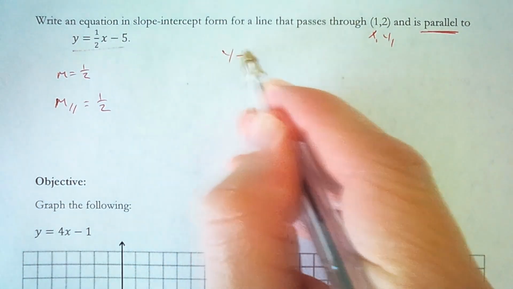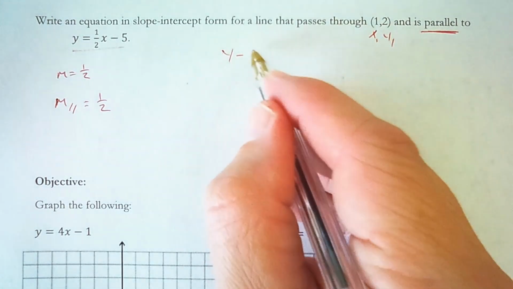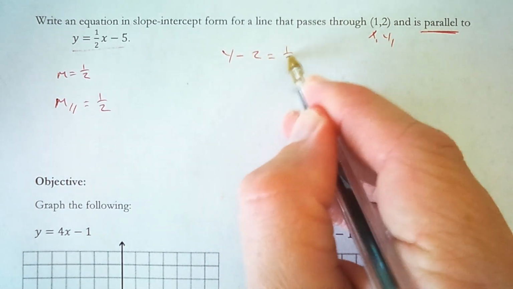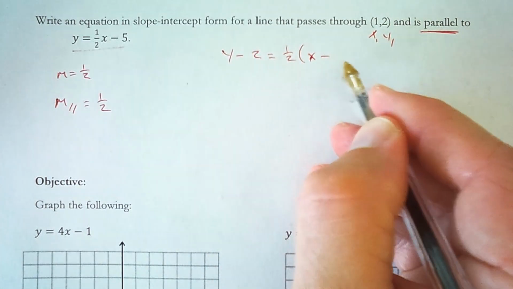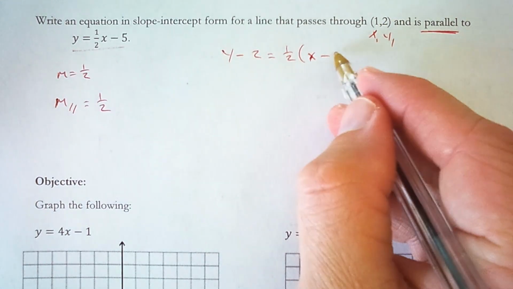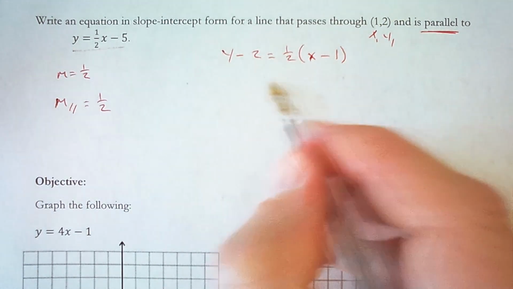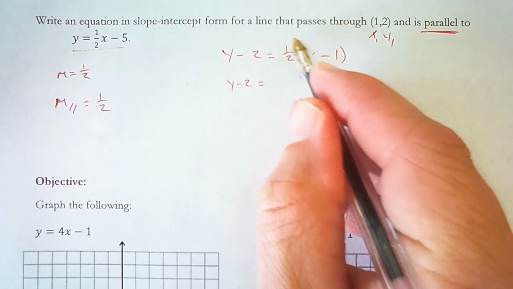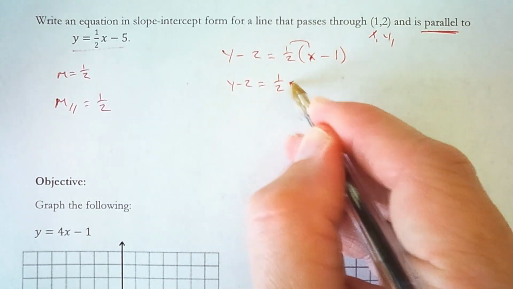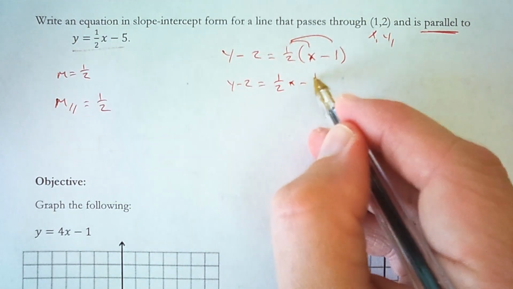So y minus y1, which is 2, equals m, 1/2, times x minus x1, which is 1. So y minus 2 equals 1/2 x minus 1/2.